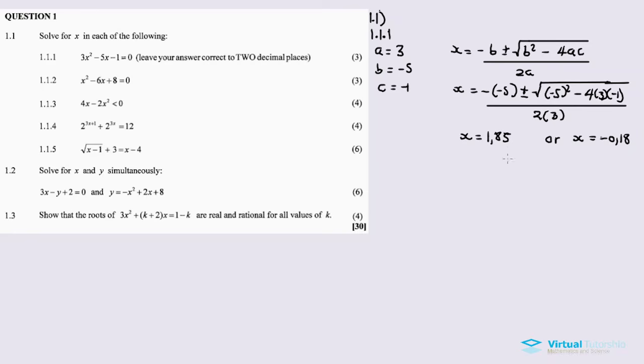So now my roots are correct to 2 decimal places.